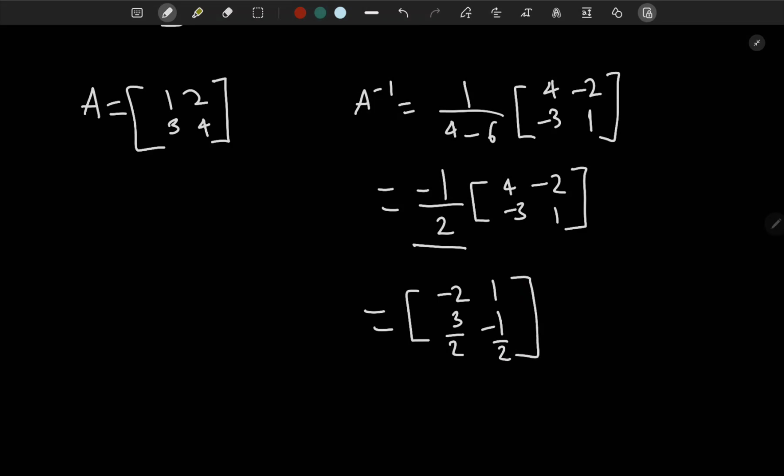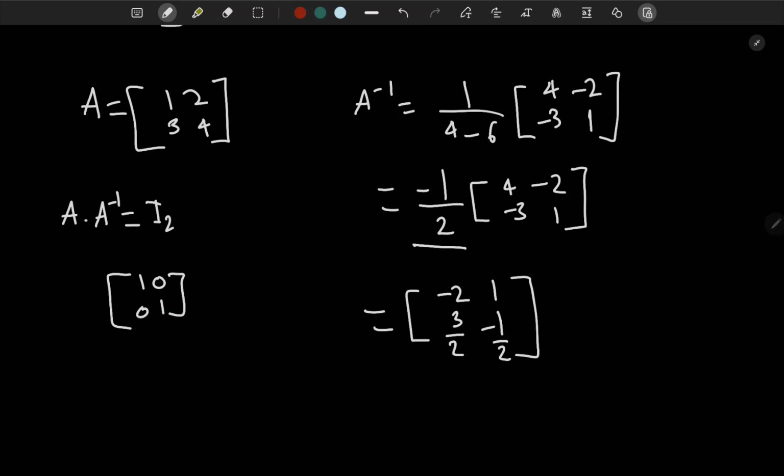So let's take another example here. Another property that you have to know is that matrix, let's say A, times the inverse matrix is equal to the identity matrix. So let's say if it's a 2 by 2, then it will be identity 2, and by identity matrix I mean a matrix with the diagonal of all ones here.